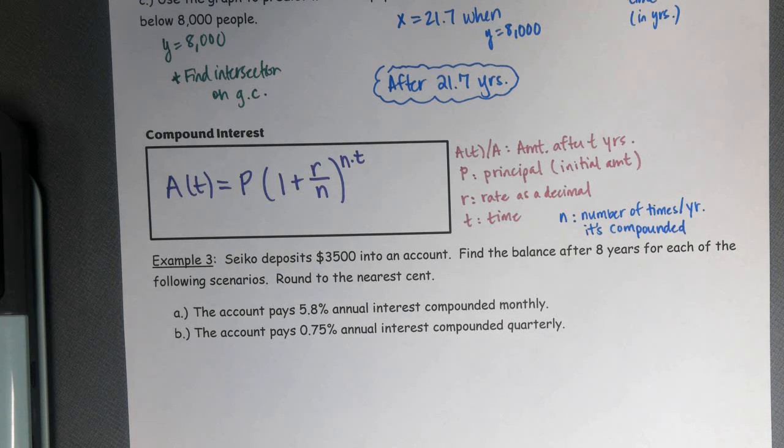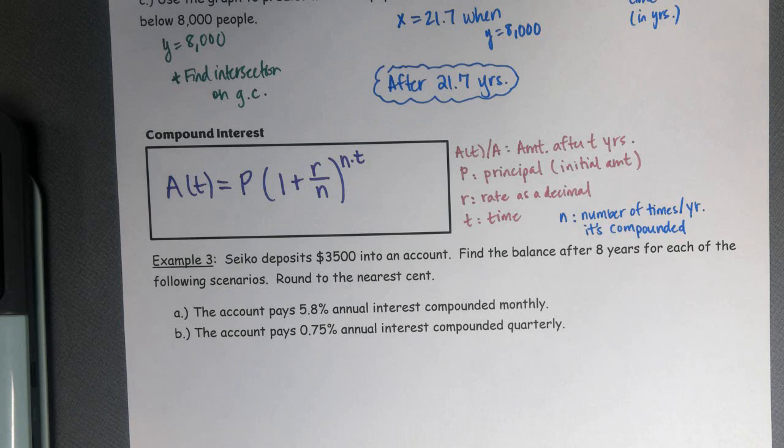It being the amount of money in the account. So N is the number of times per year it's compounded. Okay, so we're going to go over some new terms to figure out how many times per year it's compounded.